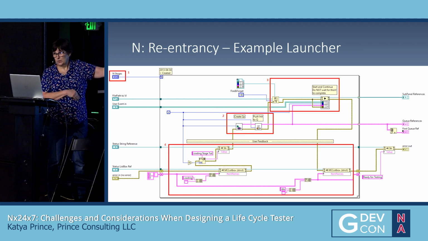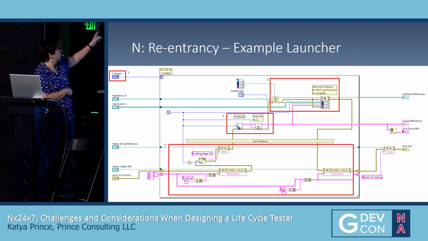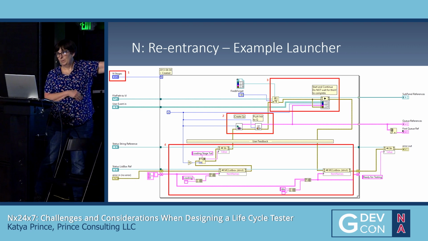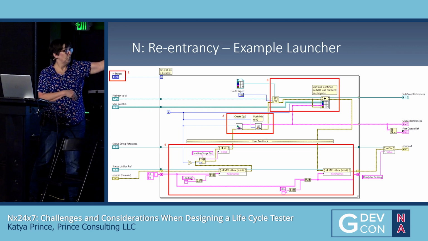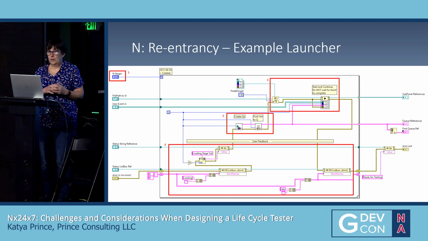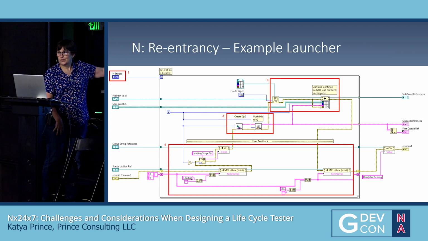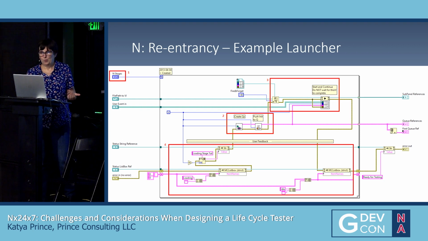You maybe push to each one their initialization message, and then you open up a reference to your reentrant VI, pass data in, and start it running. You run and forget, so you're left with the references that later on you can bring into a subpanel to show the front panels. Down below here under 4 is just user feedback, letting them know where they are in the loading process.